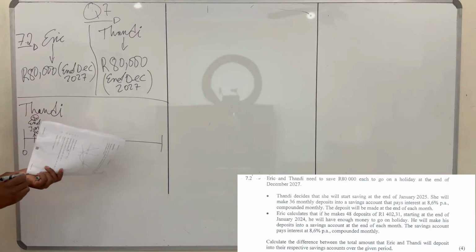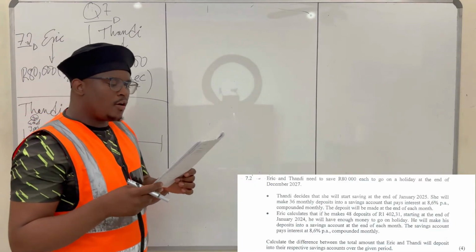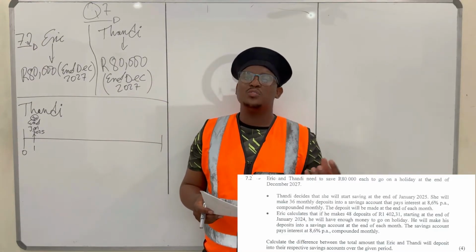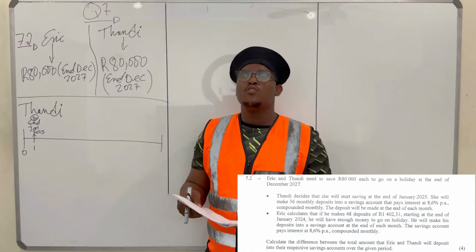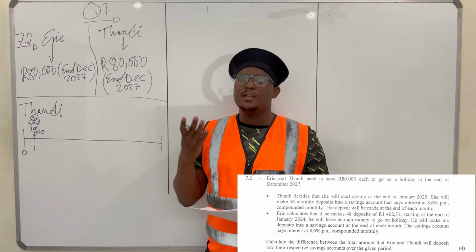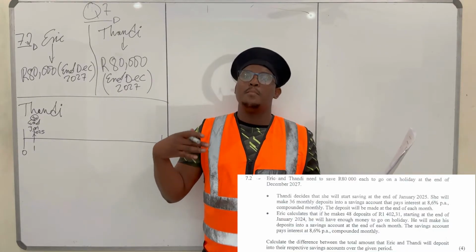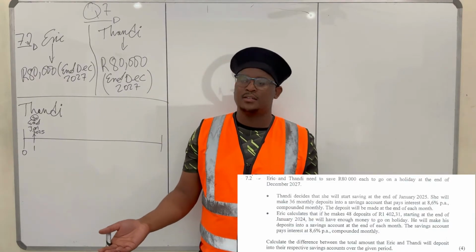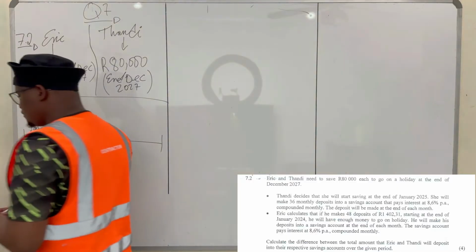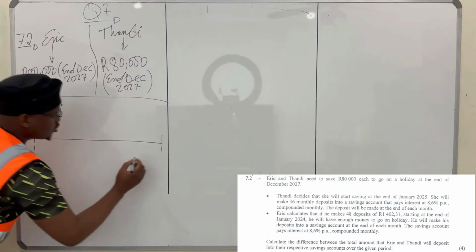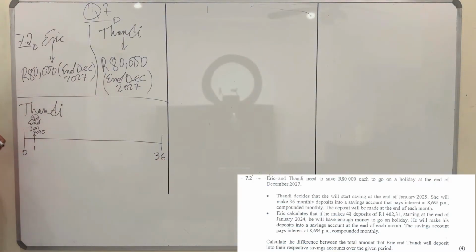And she wants to make a total of 36 monthly deposits. Right? So she will save for a period of about 3 years, because if it's 36 payments made monthly, that is 3 years. So Tandy will start here, and in total she will make 36 payments.